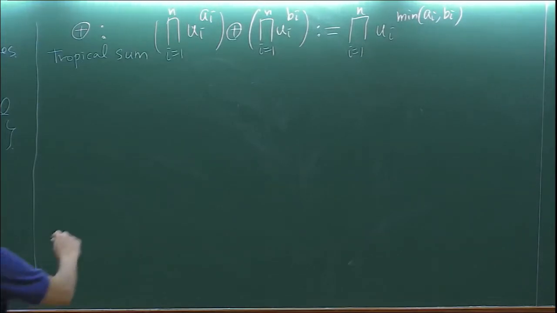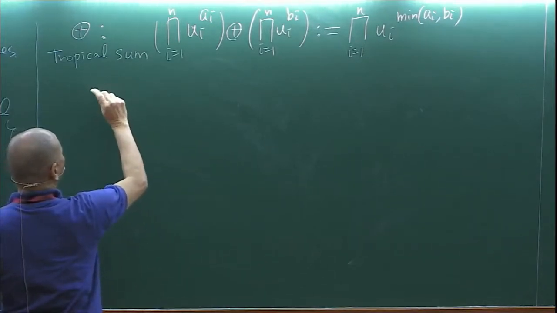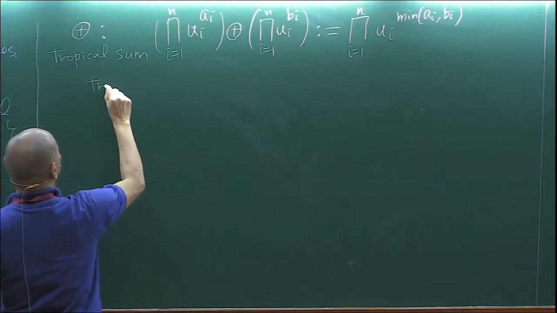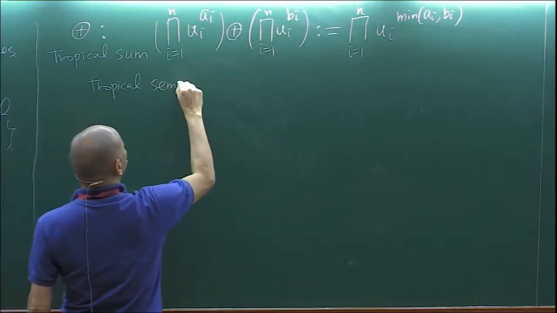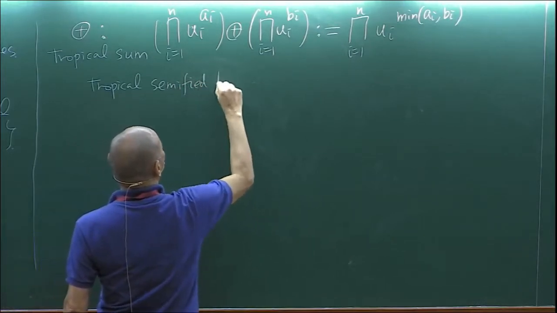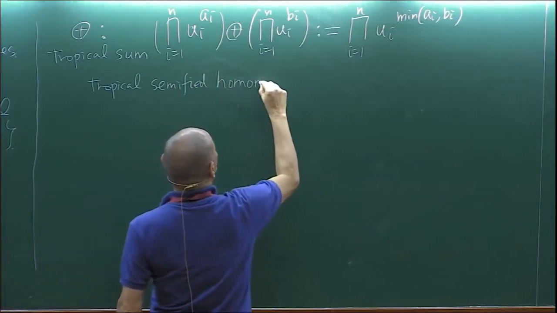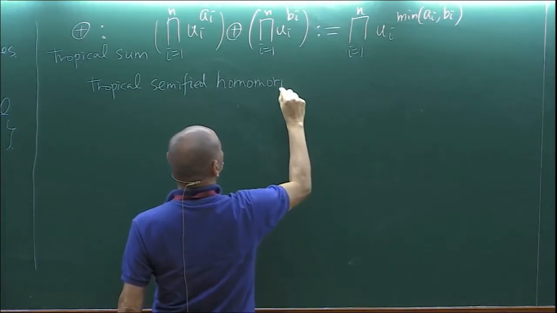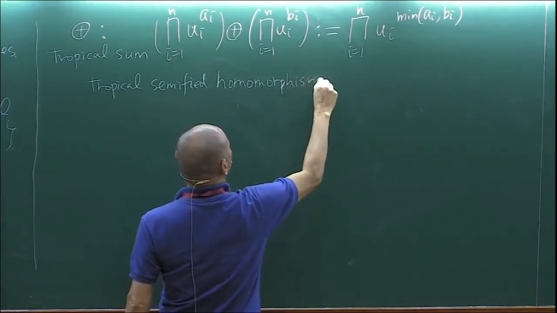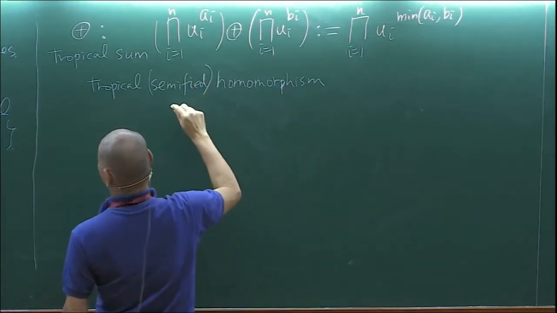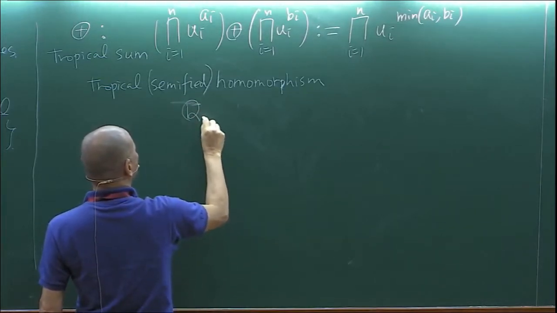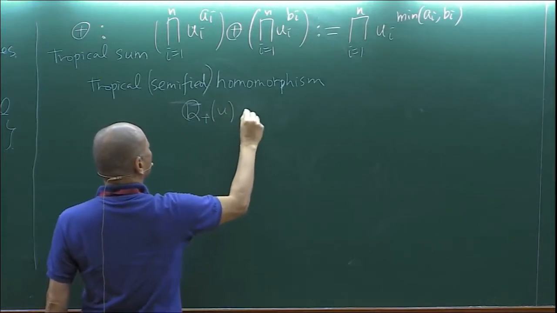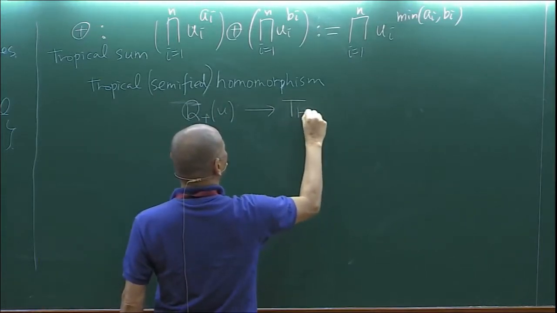And there is a natural semifield homomorphism called the tropical semifield homomorphism, from the universal semifield to the tropical one.